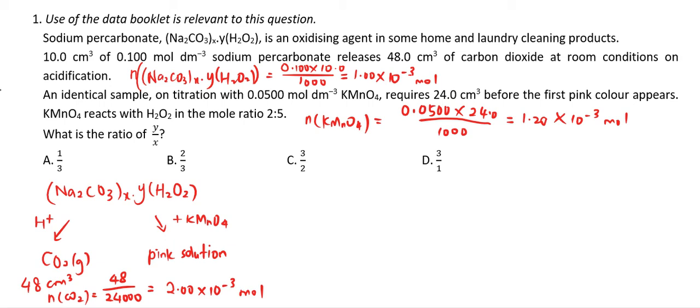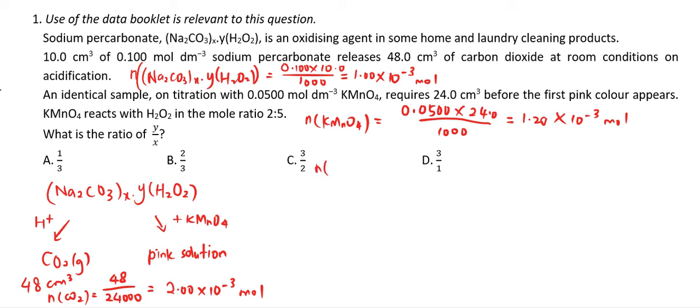Okay, now let's look at still the second part. It says that KMnO4 reacts with H2O2 in the mole ratio of 2 to 5. I found the number of mole of KMnO4. By using this ratio, I'll be able to find the number of mole of H2O2.